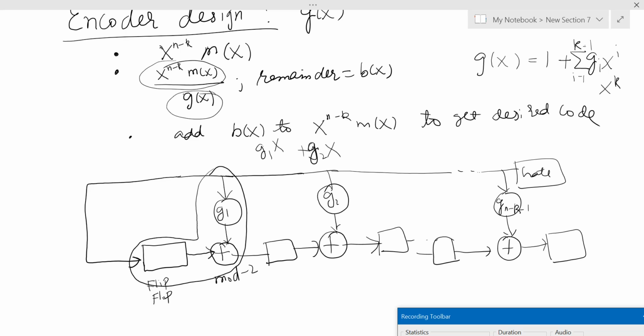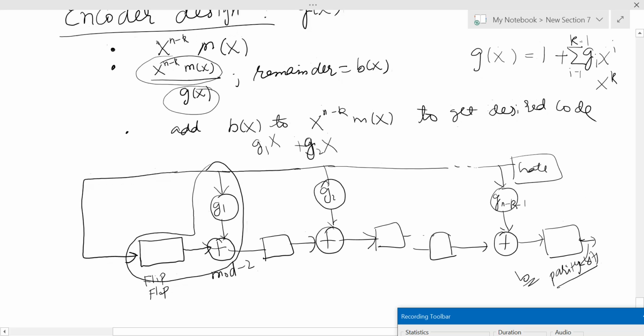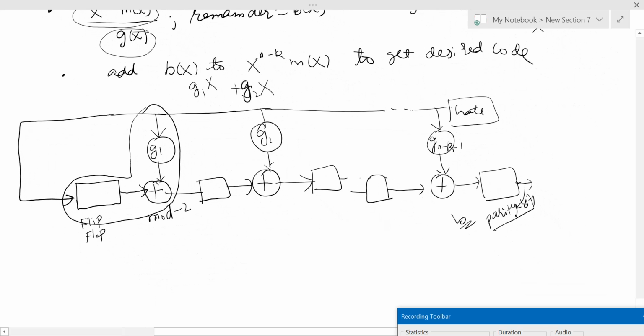So the output at this point will be the parity bits, the remainder b. And here we are supplying the message bits. So these message bits will be used in this way.